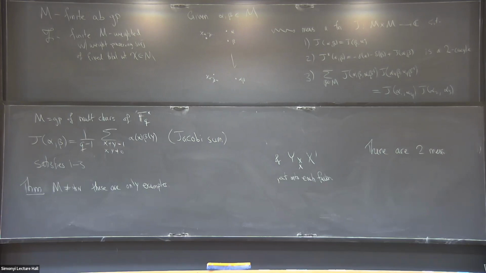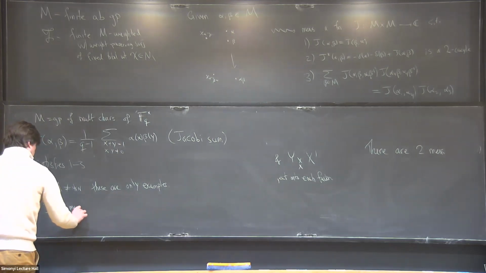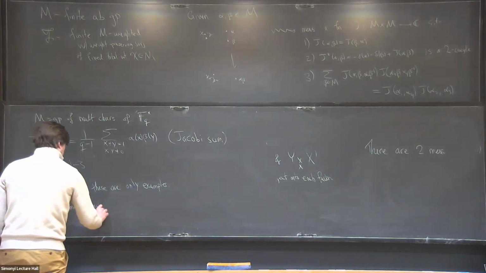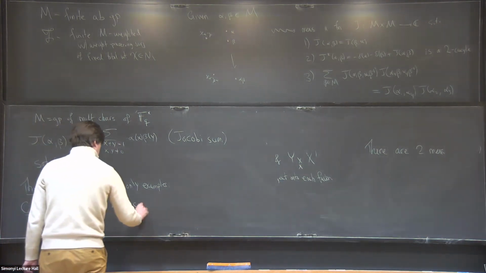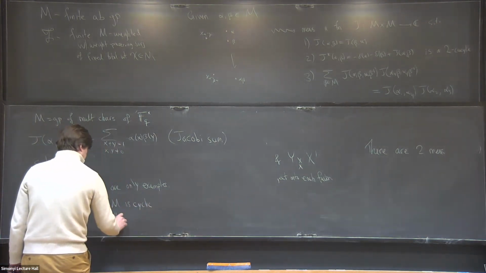The meaning, M must be like the units in a field. Yes, so the corollary is if a measure exists, M is cyclic, and its order is 1 less than a prime power.